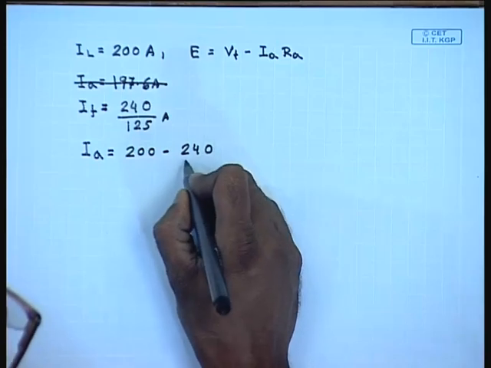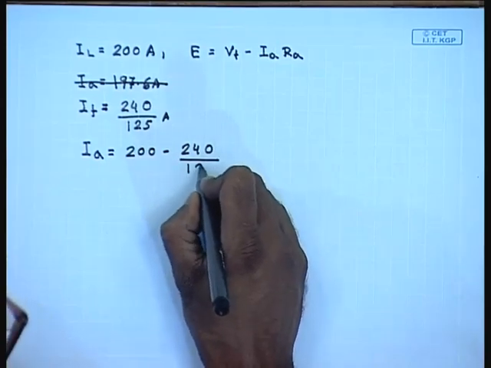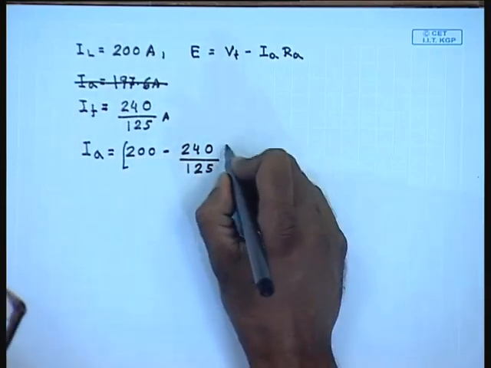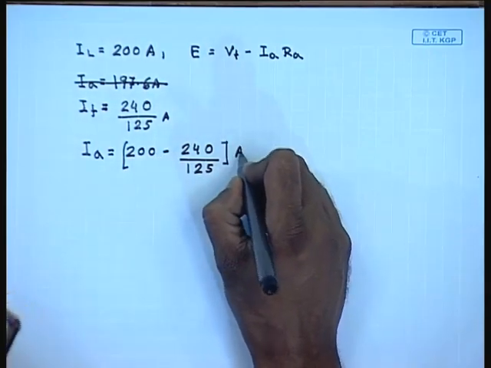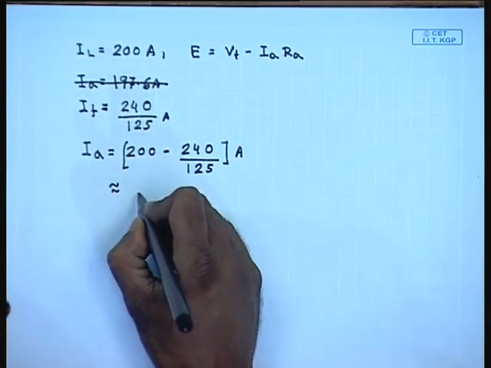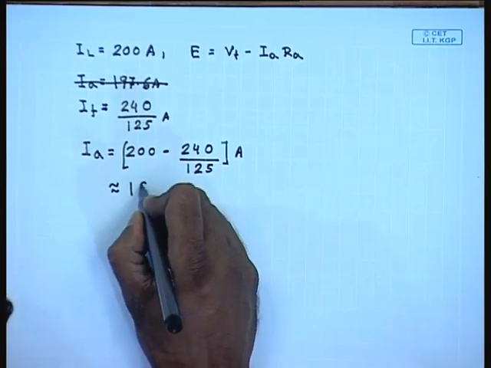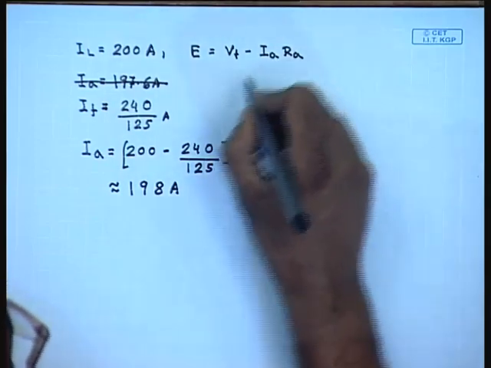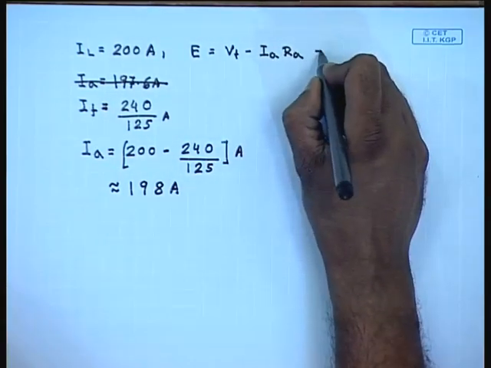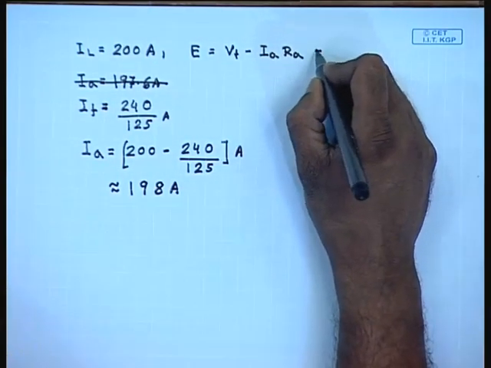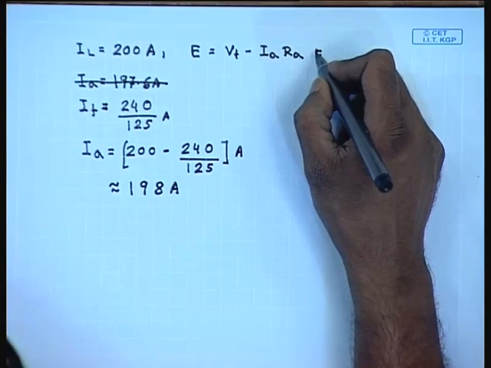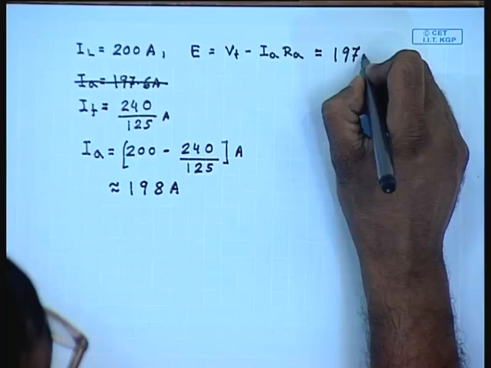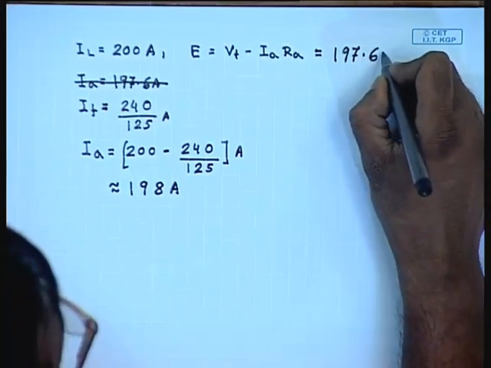240 by 125 amperes, which is approximately equal to 198 amperes. So, E is approximately equal to 236 volts.